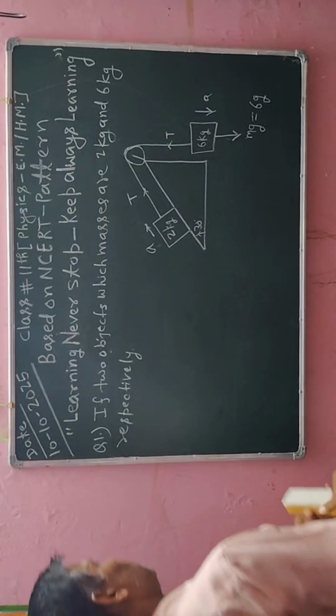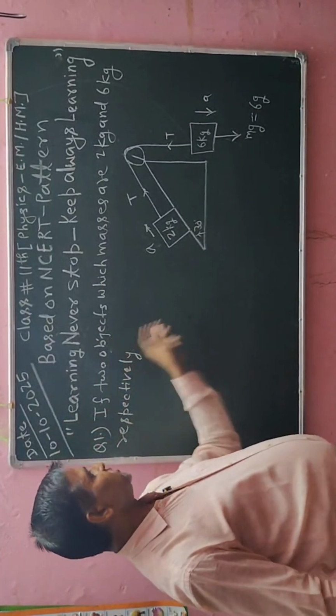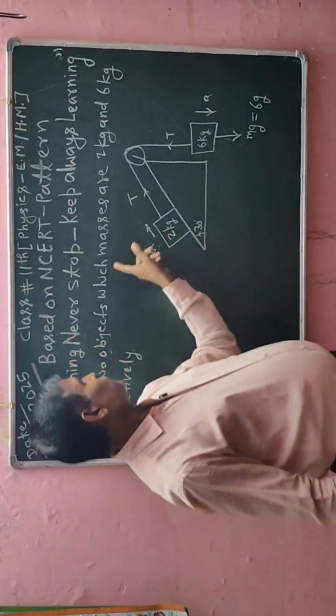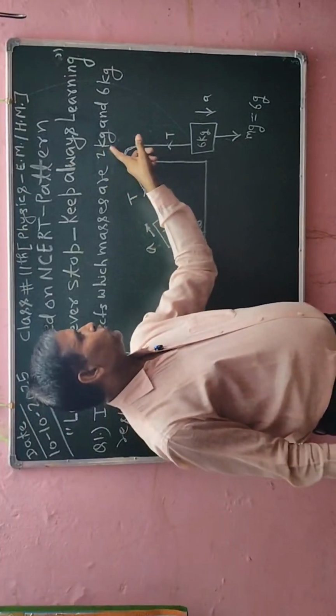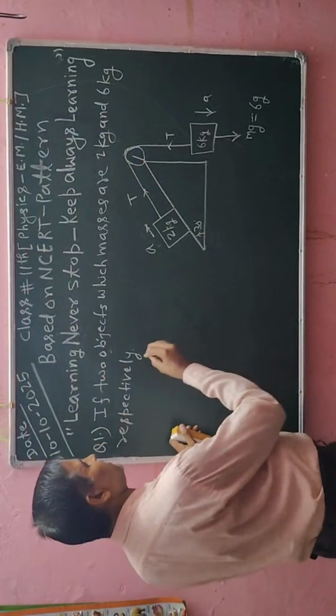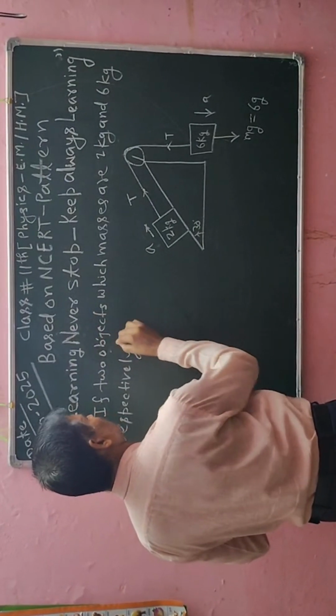If two objects, one object is this one and another object is this one, which are 2 kg and 6 kg respectively, and connected, so properly I am going to write its numerical.